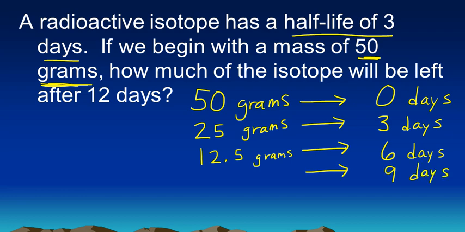And so we'll have half of 12.5, which is 6.25 grams. And then another 3 days will pass, and that's a total of 12 days. And then the amount that's left will be half of 6.25, which is 3.125 grams.